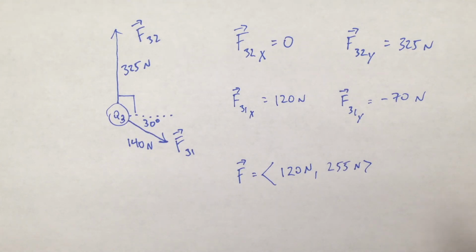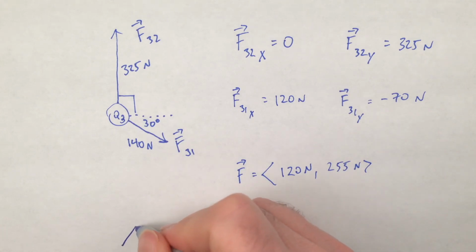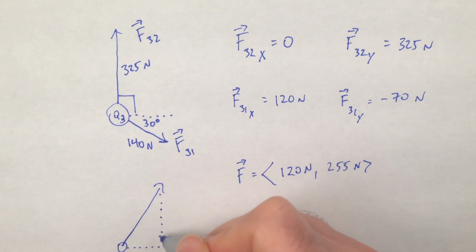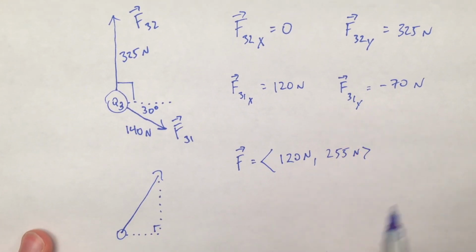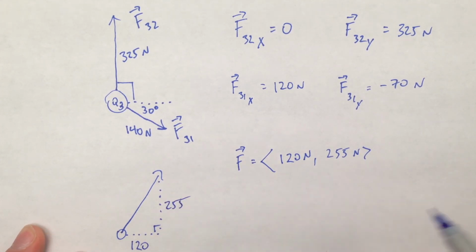That looks a bit like this. Let's see, I want to make sure I get this right. Sure, yeah, like that. Oops, I'm a little out of frame there. There we go. So here's 120. Here's 255. Okay, so that's the vector itself.